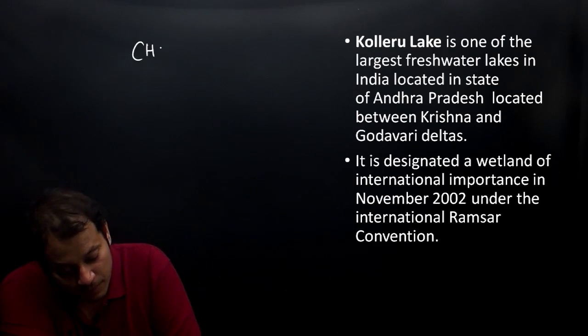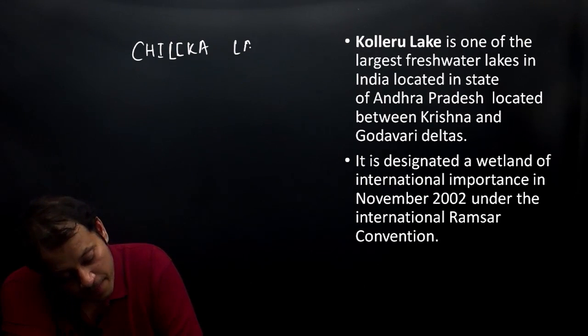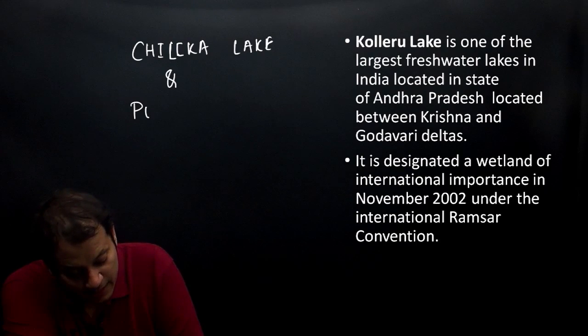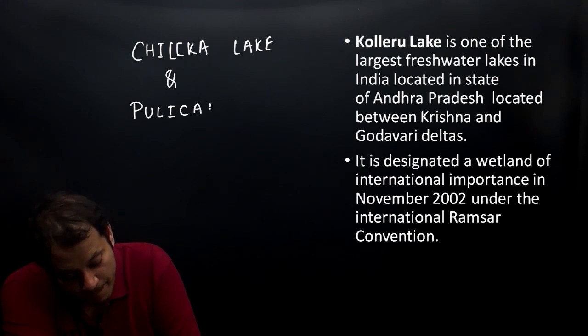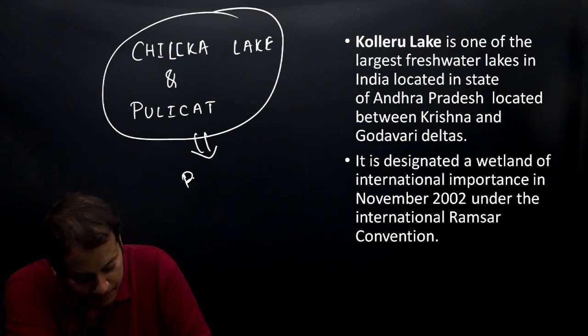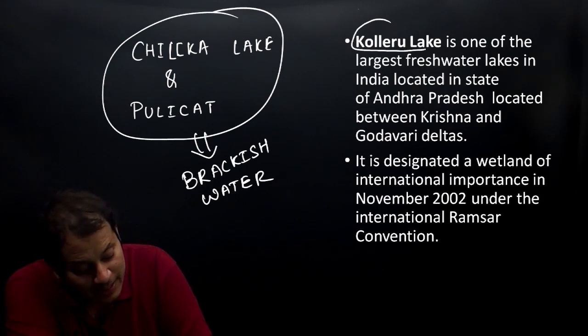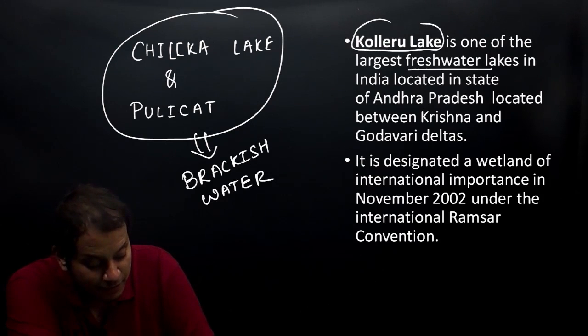Remember, Chilika Lake and Pulicat Lake are examples of a brackish water lake, while Kolleru Lake is an example of a freshwater lake.